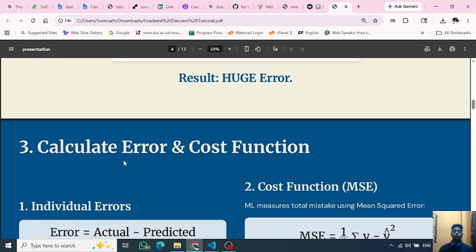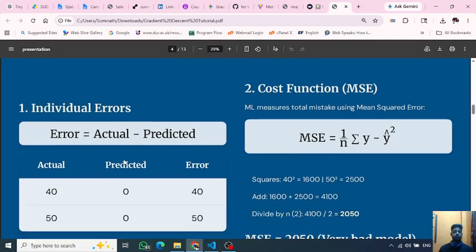Now we calculate the error and the cost function. The individual error equals actual minus predicted, right? Here the actual was 40 and the prediction 0, so the error is 40, and for 50 it is 50. For the cost function, we calculate the MSE, as I discussed in the last lecture.